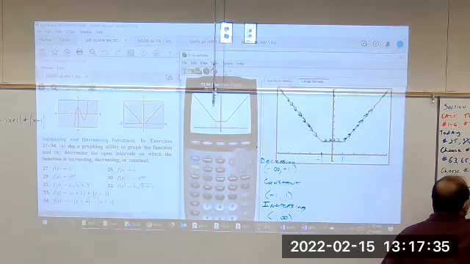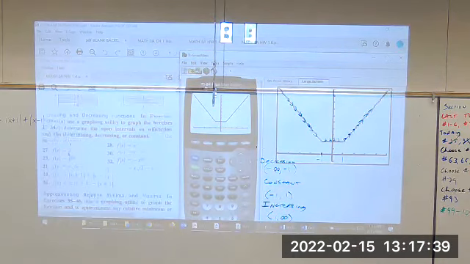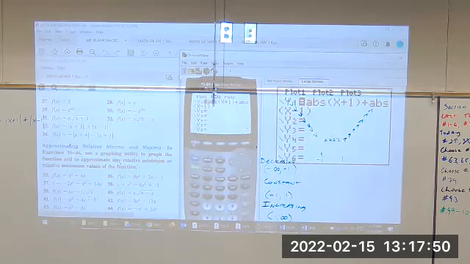Go to 37. Graph the function to approximate any relative min or max on the function. So on 37, it's -2 times x to the third. Now remember, when you do negative, you better not press your minus button.